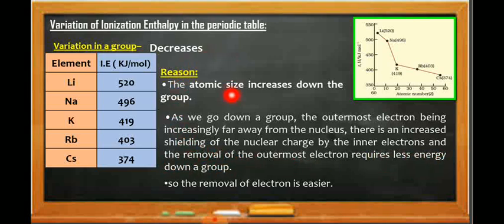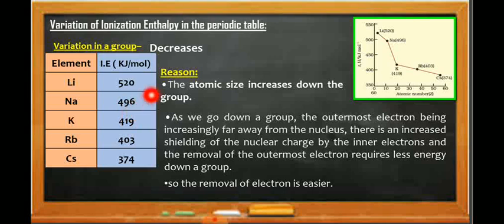So as the size increases, the removal of electron is easy because there is a large distance between positively charged nucleus and negatively charged electron. Inner electrons, what do they do? They shield the outer electron from the nuclear charge.